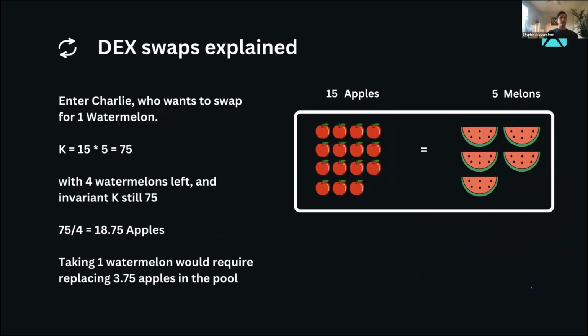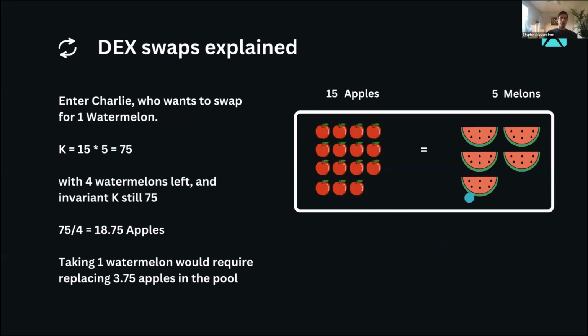So we're going to now talk about swaps. With the 15 apples and 5 watermelons here, K is equal to 75. If you wanted to swap to buy 1 watermelon, you would know that the pool would go down from 5 watermelons to 4.